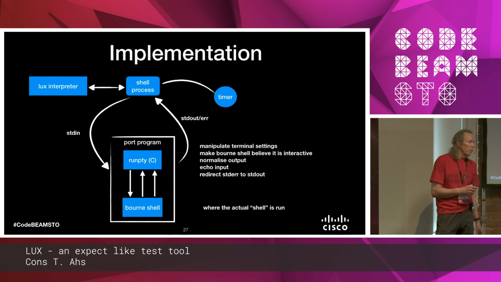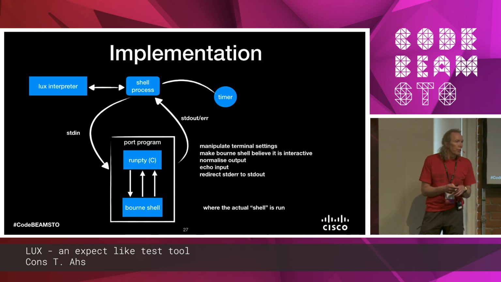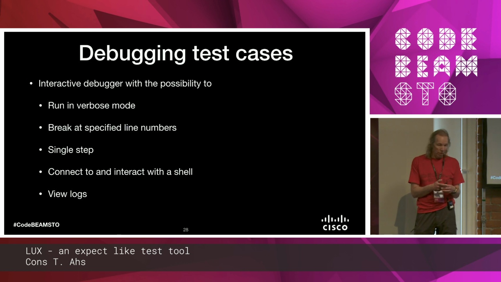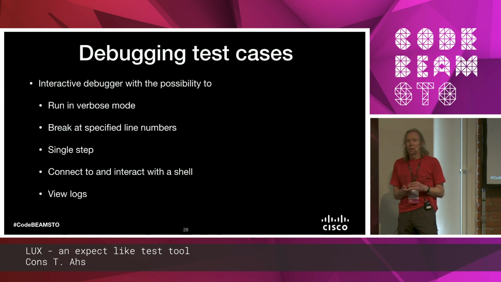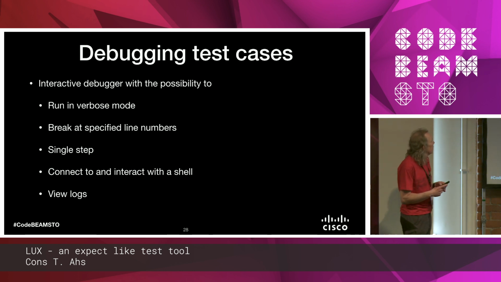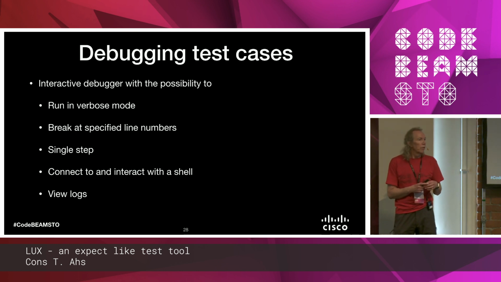So in addition to looking at the logs when things fail, logs are always kind of static. They will give you the picture of what happened, but it's a static picture. So you might want to know what's happening during the process, while you're actually running the test case. So there's a built-in debugger in LUX. For one thing, you can run with different levels of verbosity.